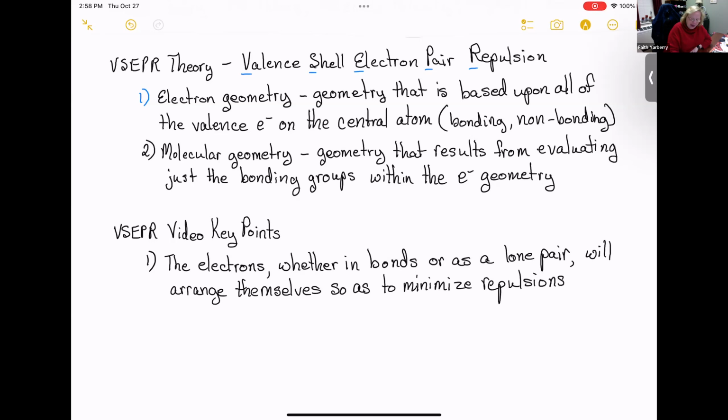It is this fact that leads to the electron geometry and molecular geometries.